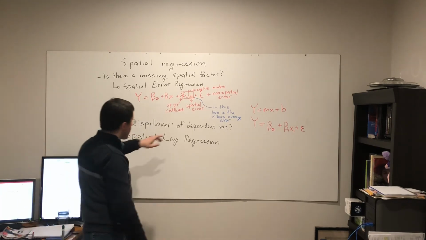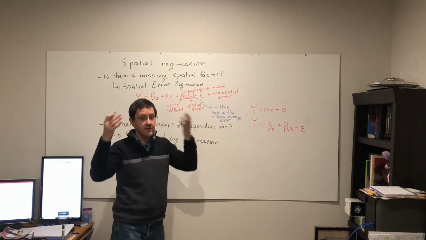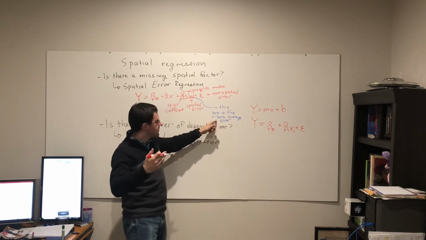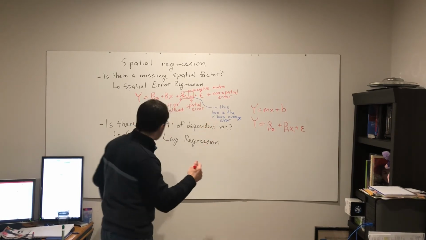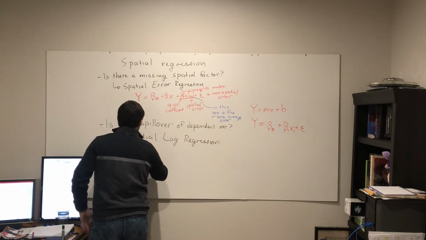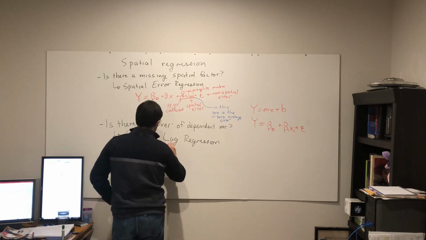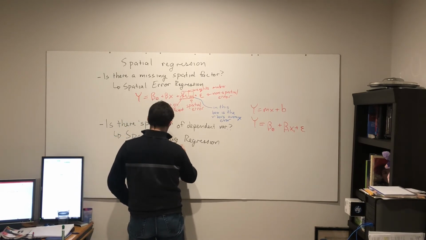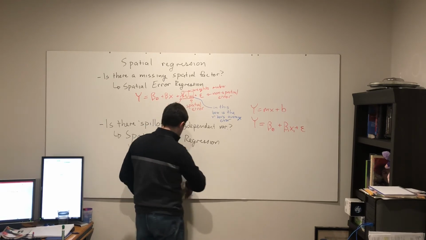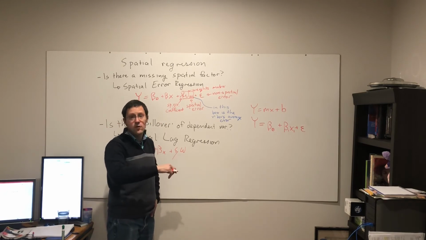And instead of saying the neighbor's average error because of some missing spatial process, now it's the neighbor's average dependent value. That is basically treated as another variable, usually done with a Greek letter that I like to call squiggle.